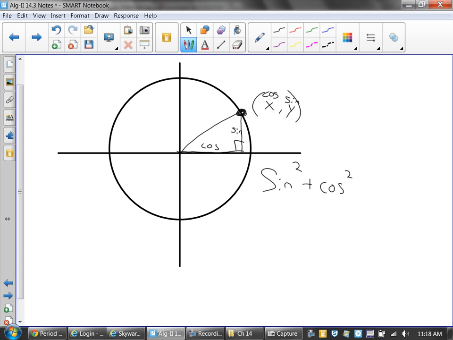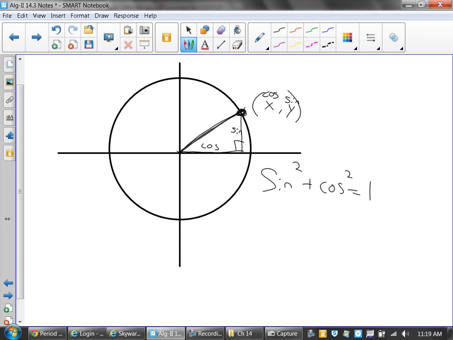That equaled our radius of the unit circle. What was the radius of the unit circle? Always 1. So what's sine squared plus cosine squared going to equal? 1. That's the Pythagorean theorem in terms of sines and cosines. It's derived from using the unit circle, which we've done.